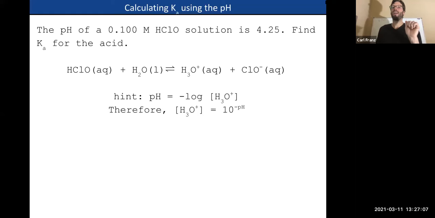Hint, remember that pH is equal to the negative log of the hydronium ion concentration. And so they give us the pH, right? So just take that pH, convert it to hydronium ion concentration, and solve. Okay, I'll give you a minute or two to work on this, and then we'll do it together.